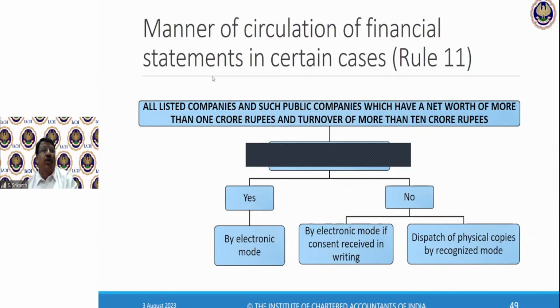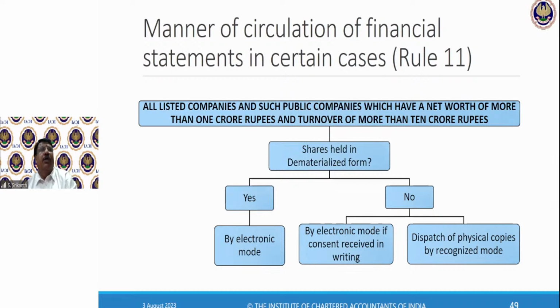See, as I told you, normally the notice of the annual general meeting and financial statement should be printed. Hard copy should be circulated normally. But as I already mentioned, all listed companies and public companies which have a net worth of more than 1 crore rupees, not very difficult.